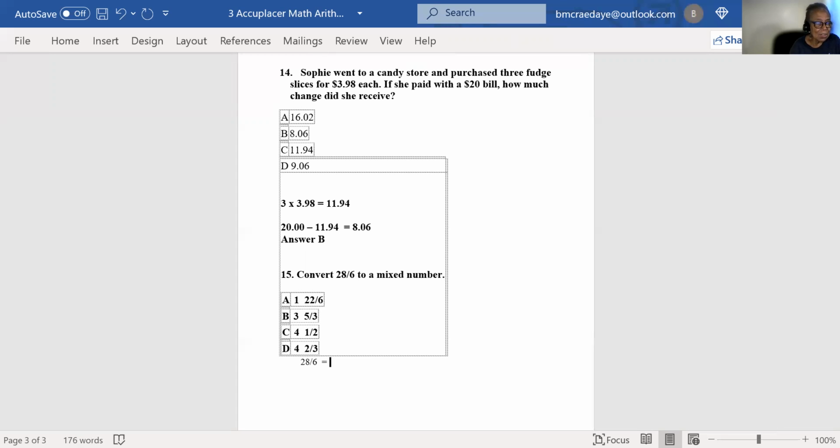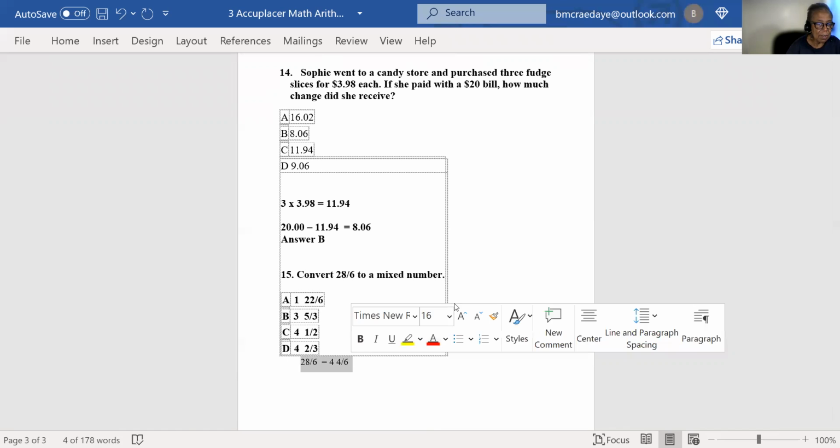Divide 6 into 28 and you get what? 6 goes into 28 4 times. 4 times 6 is 24. 24 from 28 leaves 4. So you have a remainder of 4 over 6, right? That's your remainder, 4, and you put it as a fraction, 4 over 6.